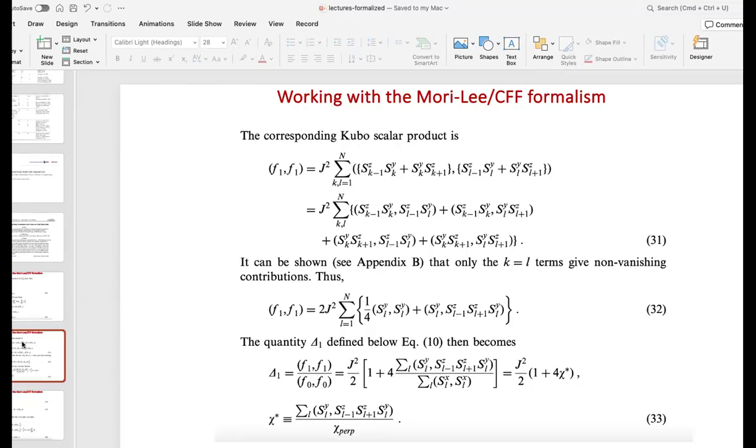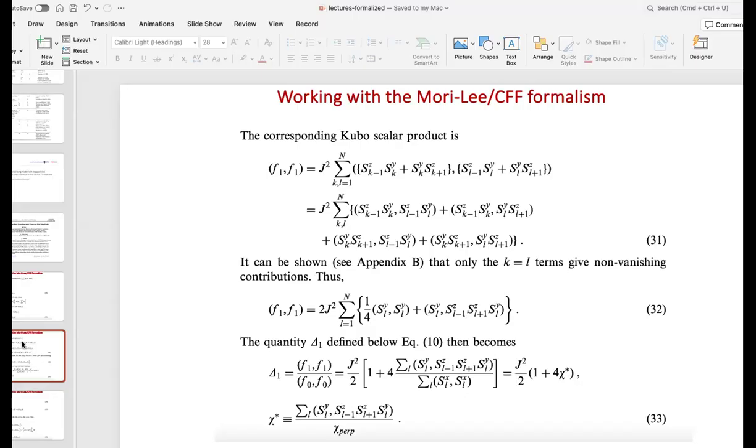Okay, plus SZK minus 1 SYK, comma, SYL SZL plus 1.